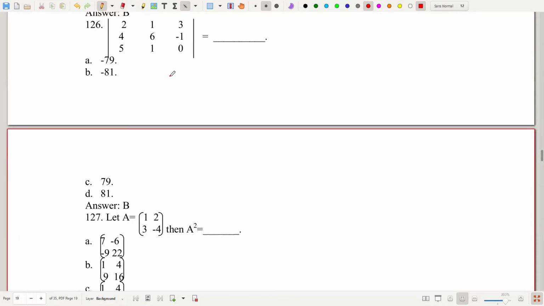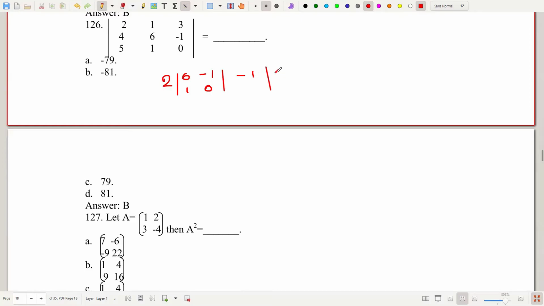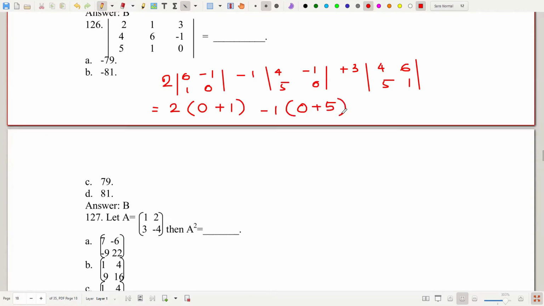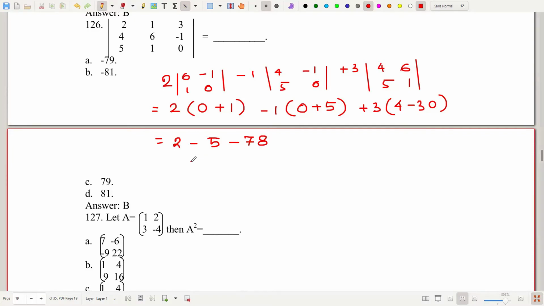So if we consider the calculation, that is 2 of, that is 6 minus 1, 1, 0, then minus 1 of 4 minus 1, 5, 0, and plus 3 of 4, 6, 5, 1, or that is 2 into 0 plus 1 minus 1, 0 plus 5 plus 3, 4 minus 30, or here that one is 2 minus 5 minus 78, or the result is minus 81.